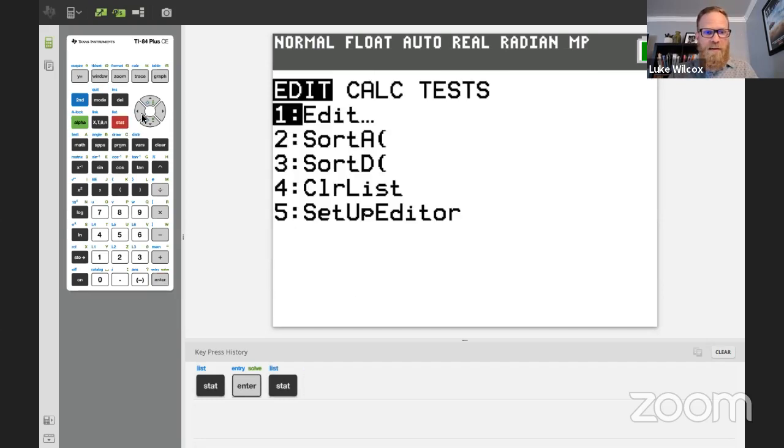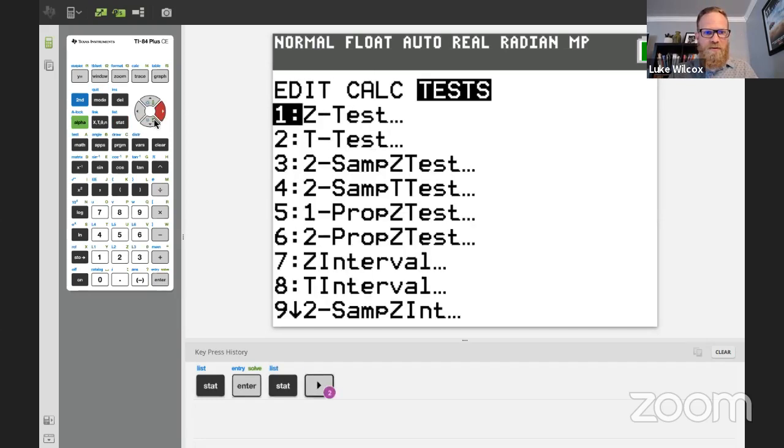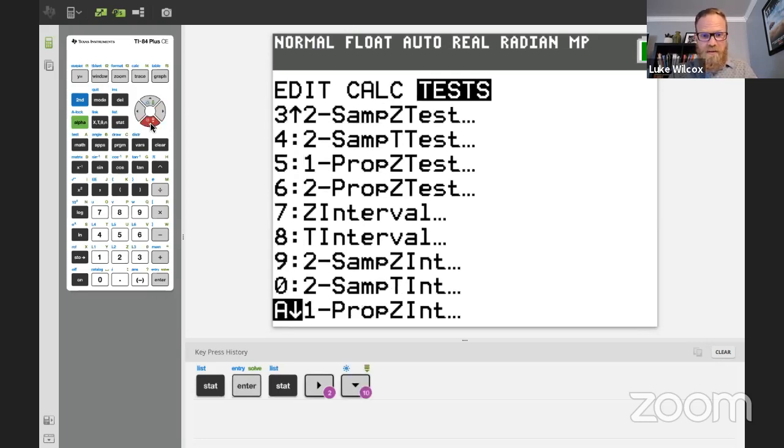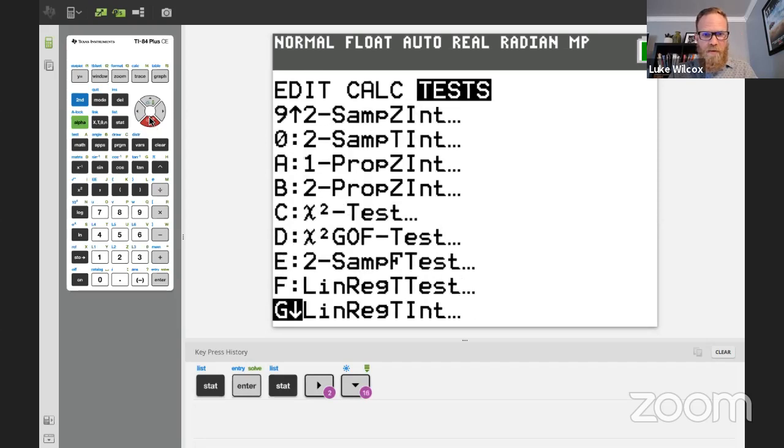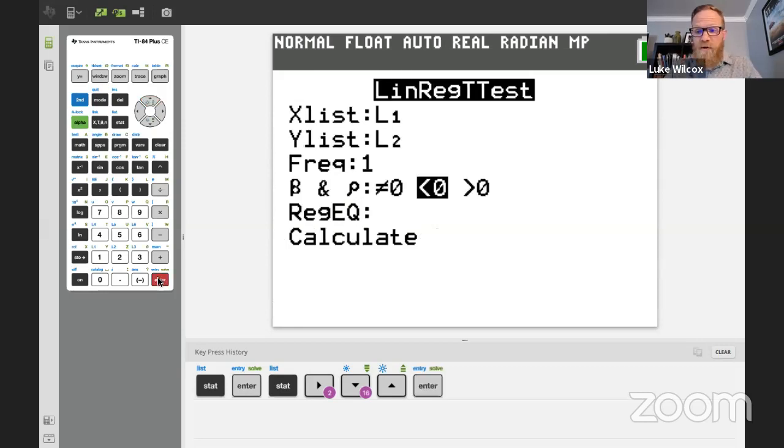And then I go to Stat Tests. And if you scroll way down, you're looking for the linear regression t-test. So there we go. The linear regression t-test here. If you hit enter, it's going to ask you where you put your x and your y values. Then it's going to ask you for your alternative hypothesis, and I've got it at less than 0 here.